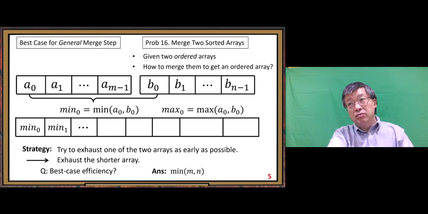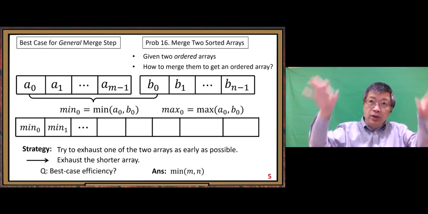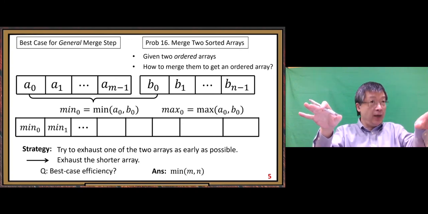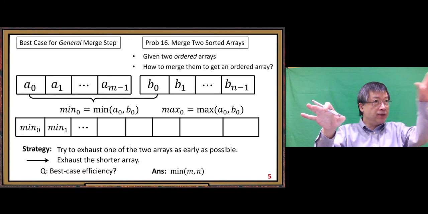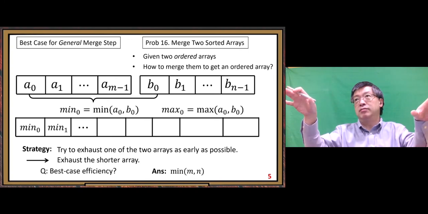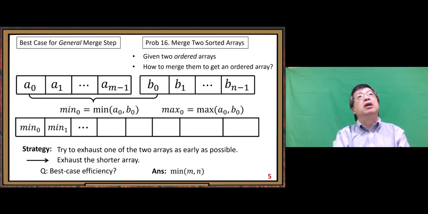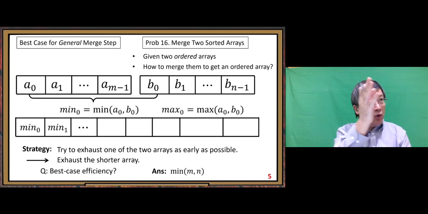Merge operation. Merging two ordered arrays to get a new ordered array. The best case, the worst case. So after you understand this step, next we are ready to solve the sorting problem.